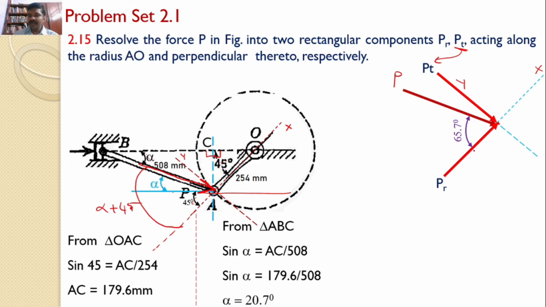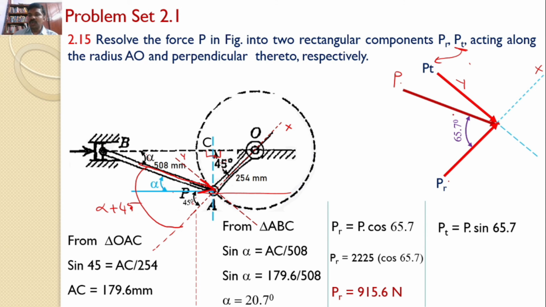Now, what about the magnitude? From this diagram, the force P makes an angle of 65.7 degrees with Pr. Hence, the Pr component becomes the cos component and the Pt component becomes the sine component. Hence, Pr is equal to P into cos 65.7, and P is given as 3225, so 3225 into cos 65.7 gives 915.6 newtons.